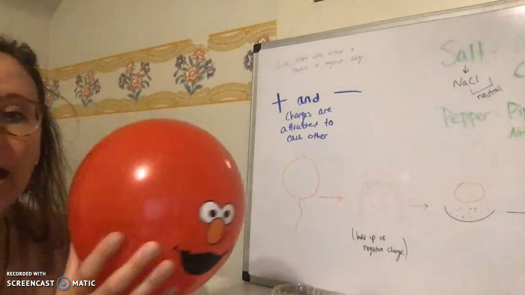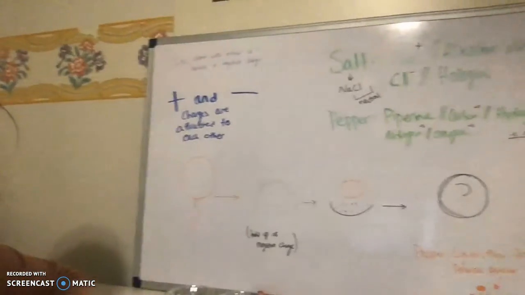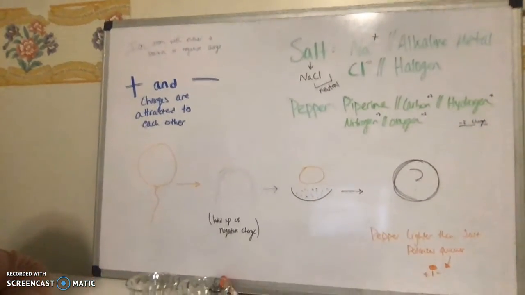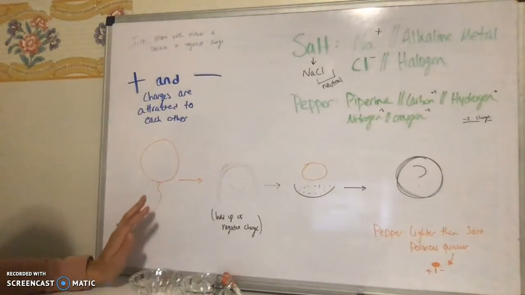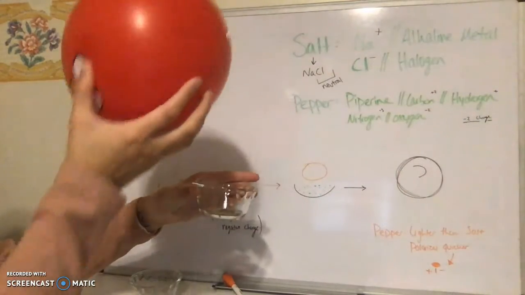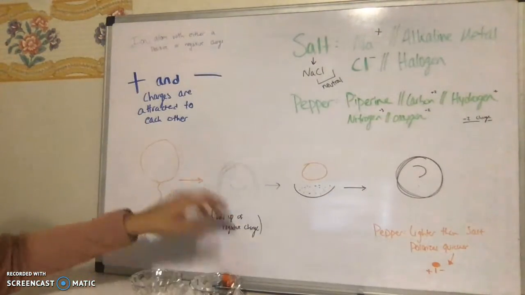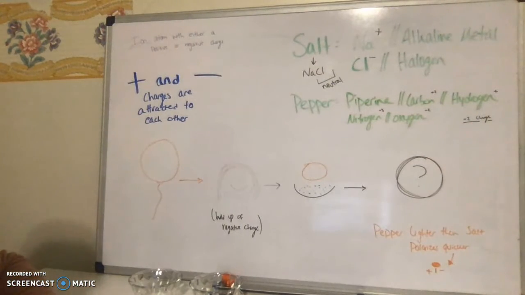So as I said, I have the balloon, and I drew a diagram here of what is going to happen and what the experiment called for. So I have a balloon, and it doesn't really do much right now. So I have my pepper, and if I hang it over, nothing special happens. But as I rub it on my head, it will get a buildup of a negative charge.